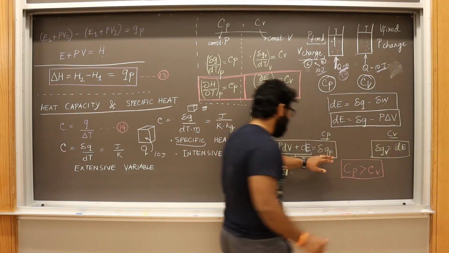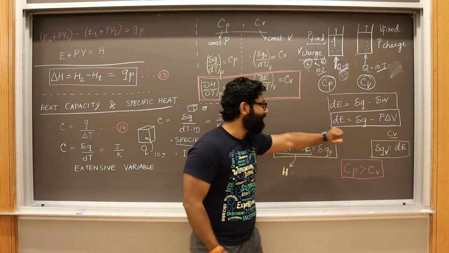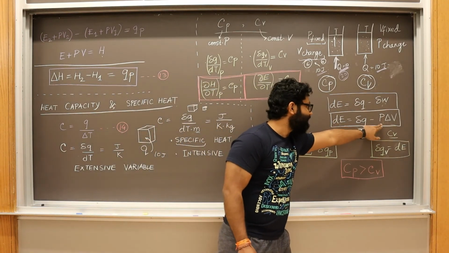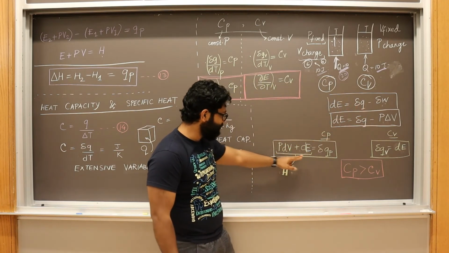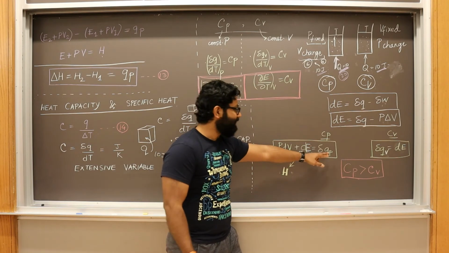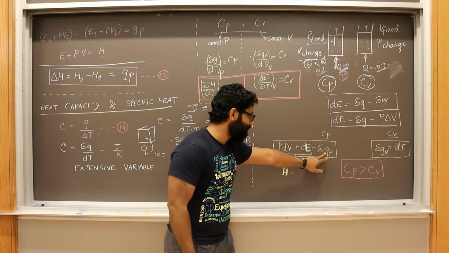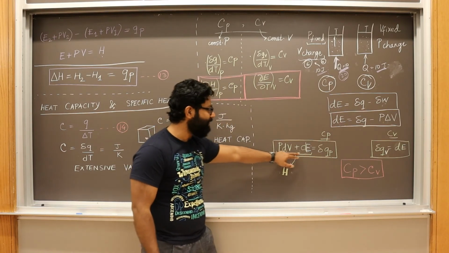For the Cp case, this is not getting simplified. So P del V comes to the left side and becomes positive. So del Qp, which signifies the amount of heat at constant pressure, becomes PdV plus dE.